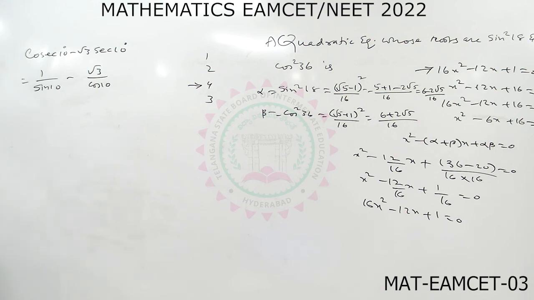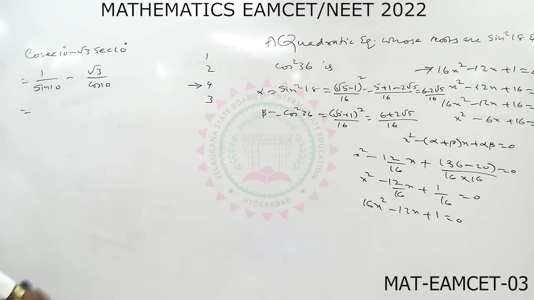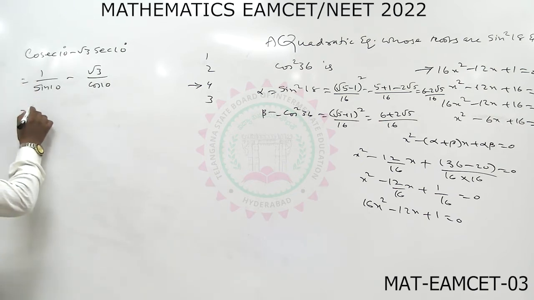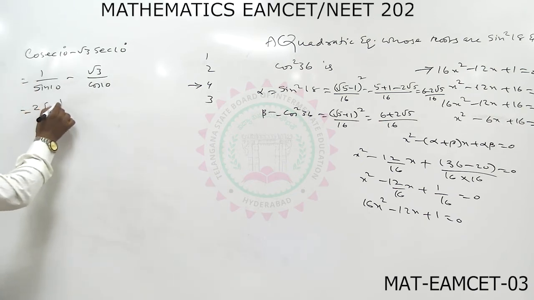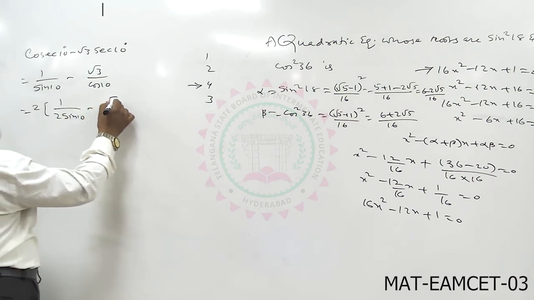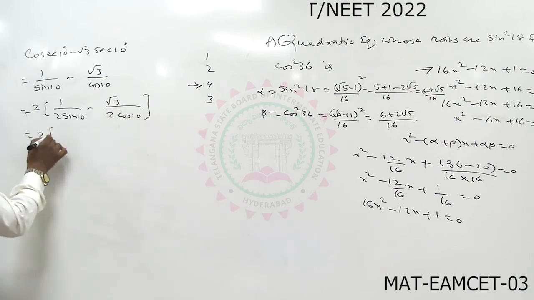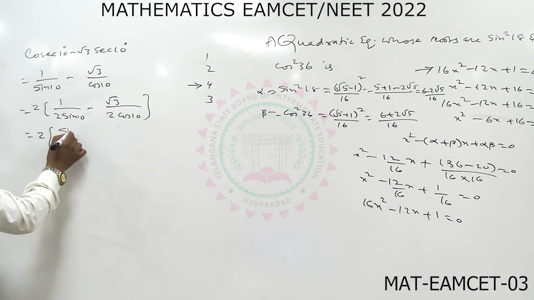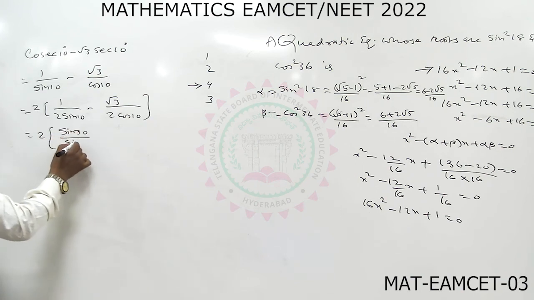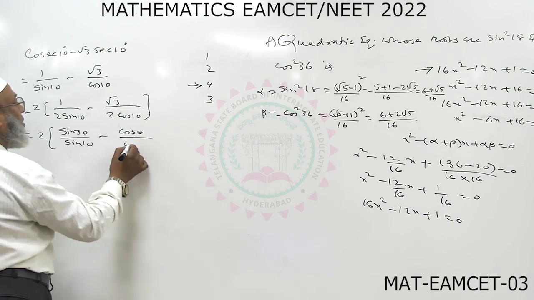Or how you got the answer 4: what I am doing, I am multiplying and dividing by 2. 2 will be in the numerator, is 1 by 2 sin 10 minus root 3 by 2 into cos 10. So 2 will remain as it is. 1 by 2 is nothing but sin 30 by sin 10, root 3 by 2 is nothing but cos 30 by cos 10.